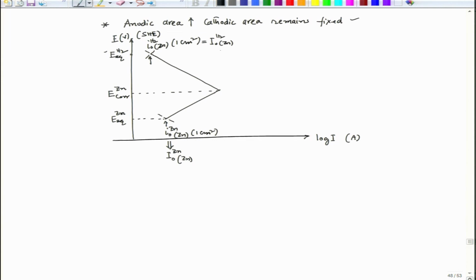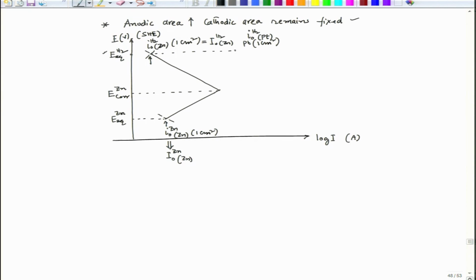Now, when we couple platinum of 1 centimeter square, this value will not change, because that is decided by the pH, but we will have I0 hydrogen over platinum surface of 1 centimeter square area.